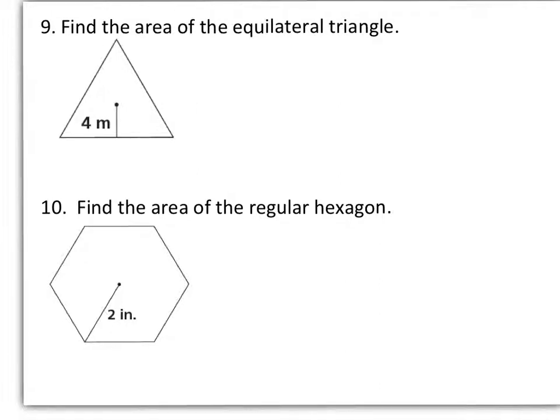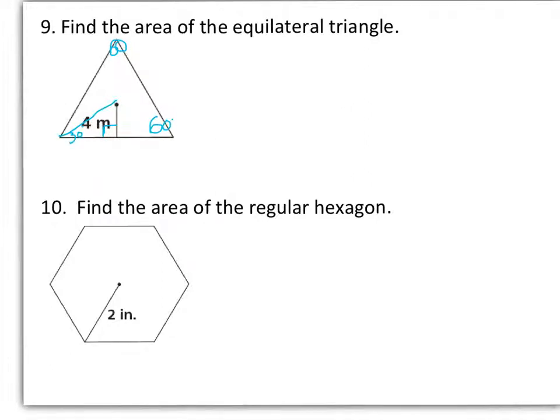In number 9, we want to find the area of the equilateral triangle, and we are told that the apothem is 4 meters. Well, remember, in an equilateral triangle, the measure of all your interior angles is 60 degrees. So if I draw in my radius, center of the circle to one of the vertices, then I have a right angle, then this angle in the corner is 30 degrees.